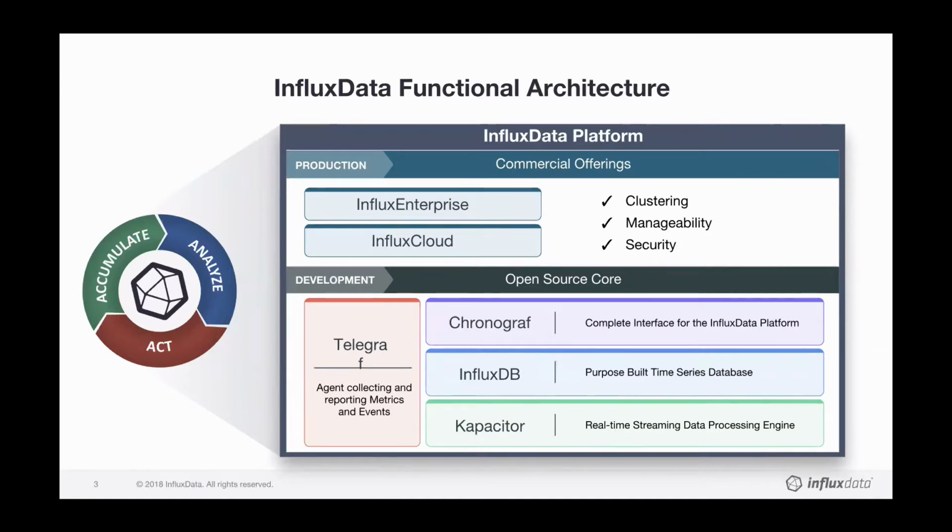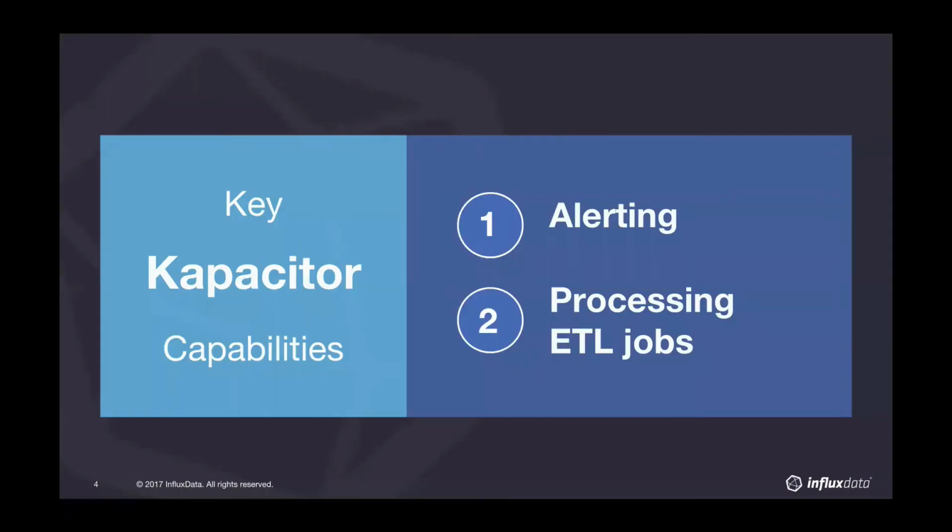All right, let's jump into some of the key Kapacitor capabilities. I briefly mentioned this already, but the Kapacitor project helps to relieve some of the pressure from InfluxDB, and you can use it together with Influx to handle things like alerting.